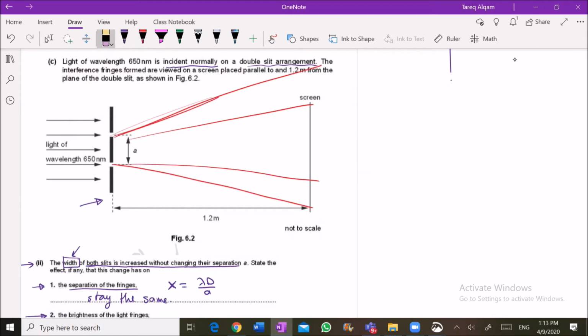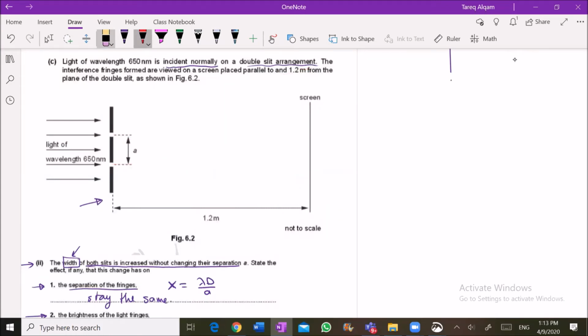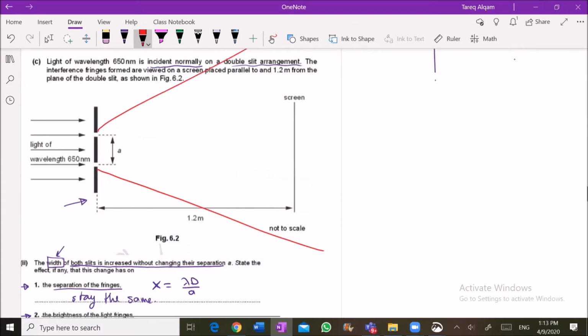Okay, again guys, listen, let's say before changing the width of the slit, the light spread out along this area.